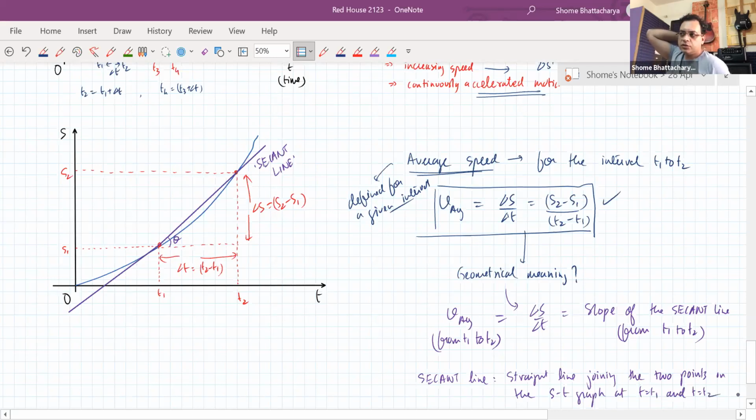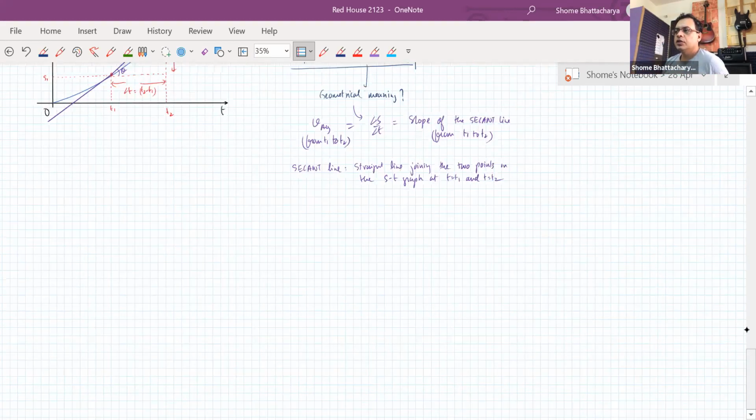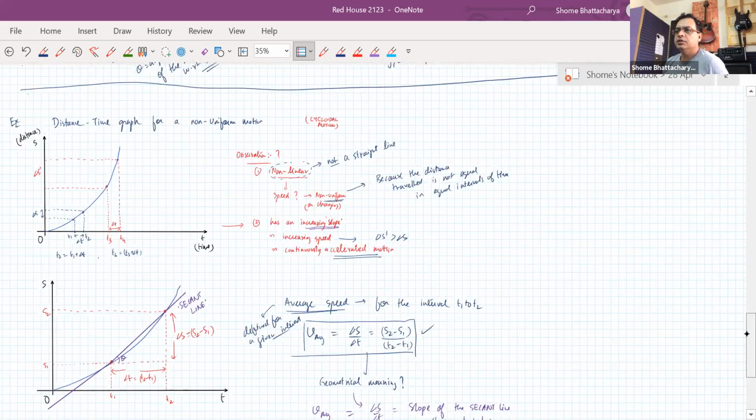That is the meaning of this. Okay. So that is how we define the average speed. I'll just give you a moment to go through this and note down any key points that you want. Then we'll talk about instantaneous speed.